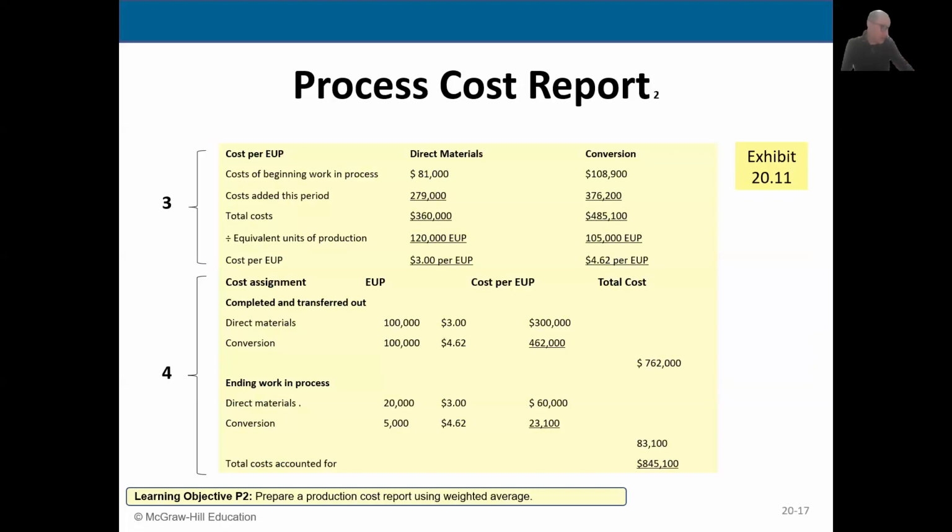Right? It's the ending work in process within the roasting department. And of course, this 845,100 represents the total cost charged to the roasting department. Yep, represents total cost.